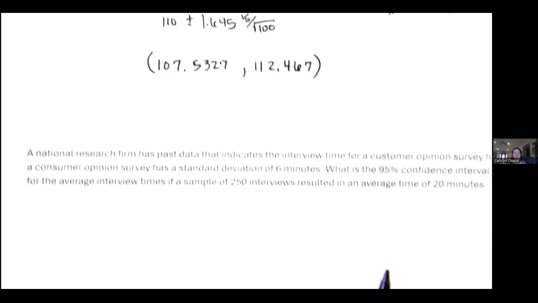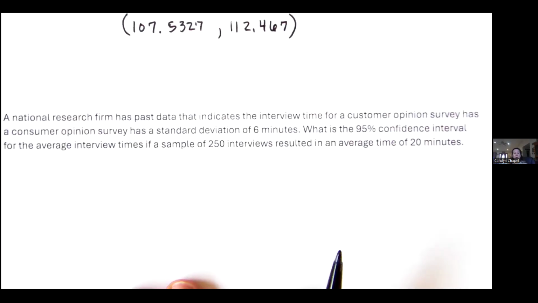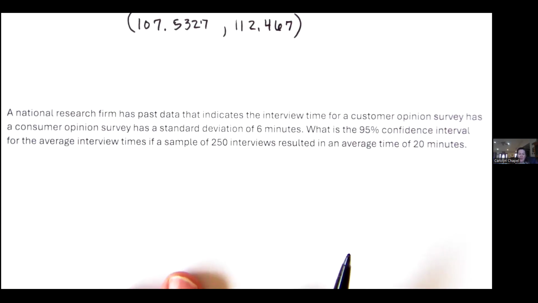Let's do another example. A national research firm has past data that indicates the interview time for a customer opinion survey has a standard deviation of 6 minutes. What is a 95% confidence interval of the average interview time if they took 250 interviews and they resulted in an average of 20 minutes?